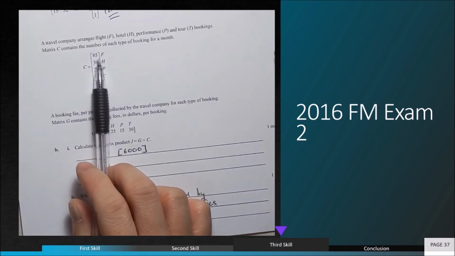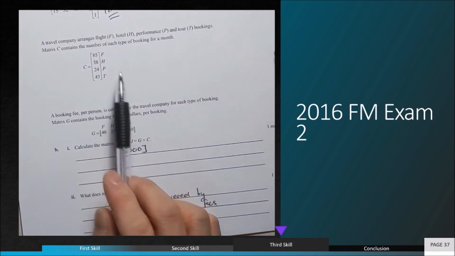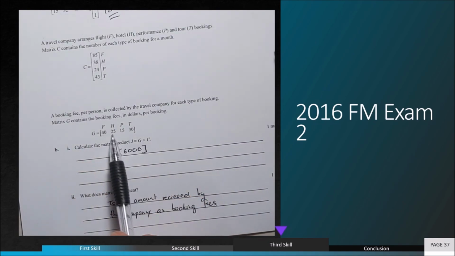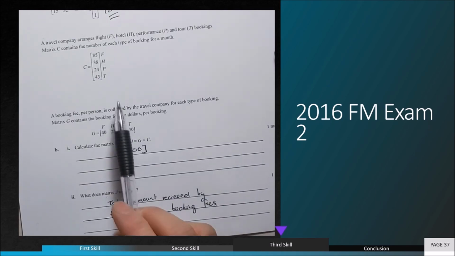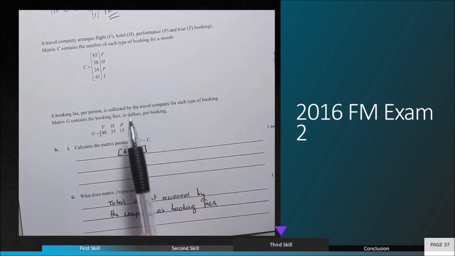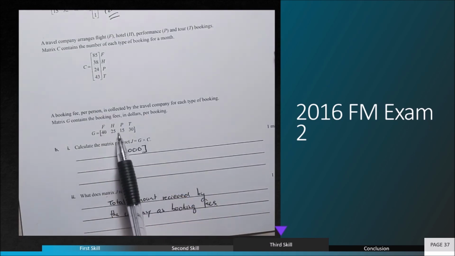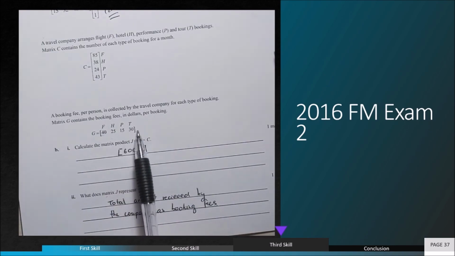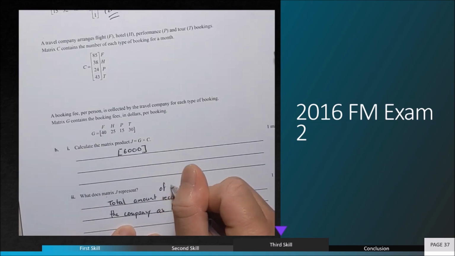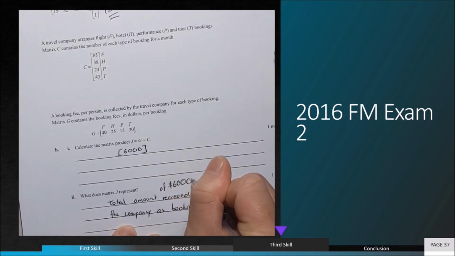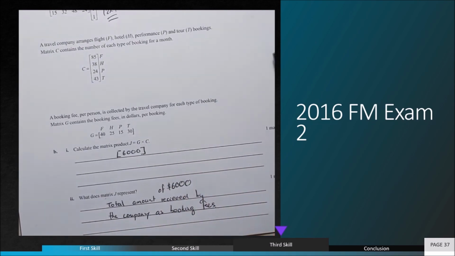There were 85 flights, so 40 by 85 will give you the amount that's received by the company for fees for flights, and then for hotels, for performance, and then for tours. So the total amount of $6,000 received by the company as booking fees. And that's that. Thank you.